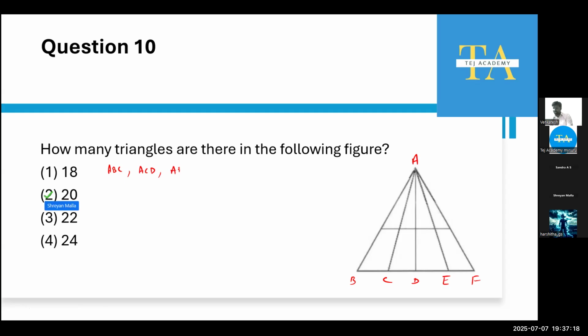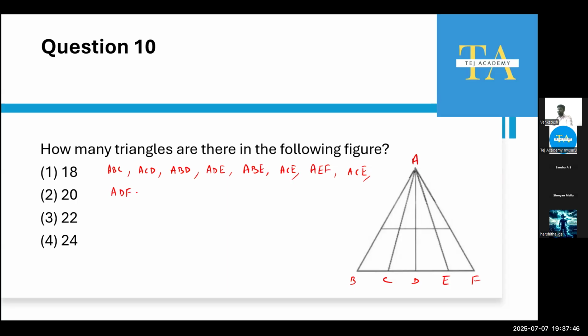Then ABD is one triangle. Then ADE is one triangle. ABE is one triangle. ACE is one triangle. Then AEF is also one more triangle. Then ADF is also one more triangle.